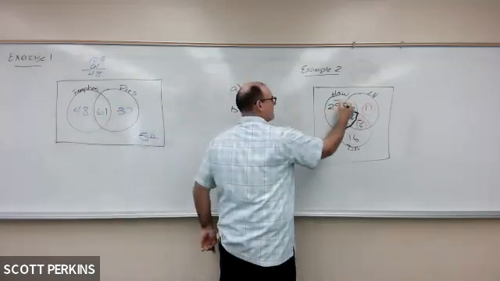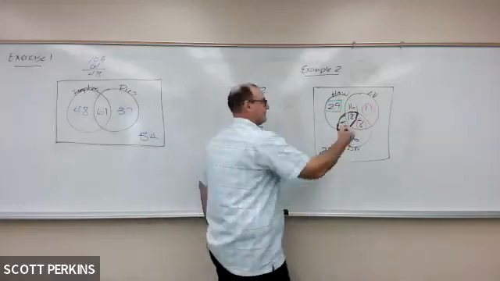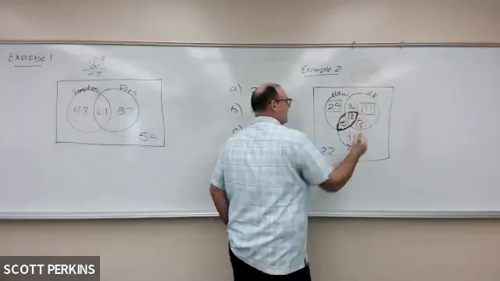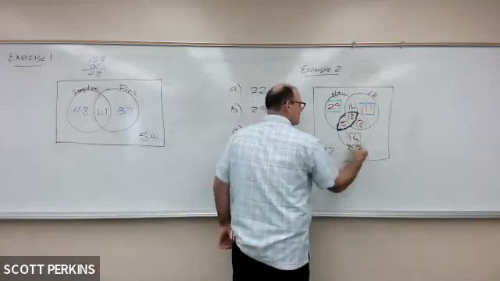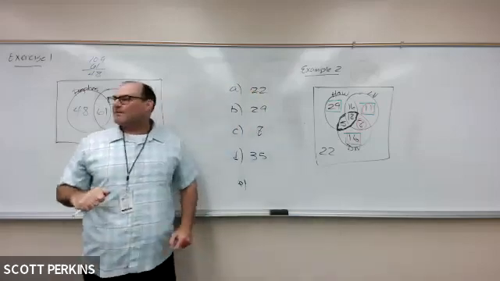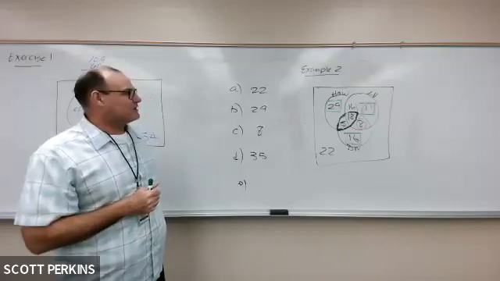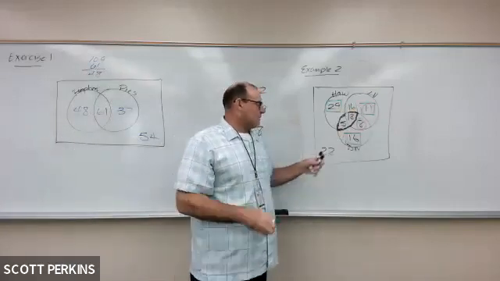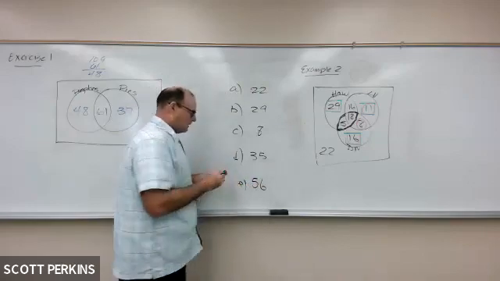I'm just going to put a box around it. How many only want to go to Las Vegas? How many only want to go to Disney World? So those green boxes are the people that want to go to exactly one place. When I add those up, 29 and 11 is 40, plus 16 is 56.